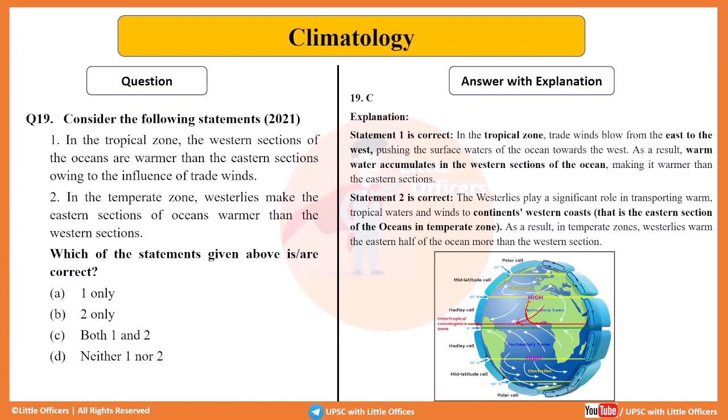Here trade winds will be offshore. This is one of the reasons we get desert formations there. In the tropical zones the wind is blowing east to west. As a result, the warm waters accumulate in the western sections of the ocean.